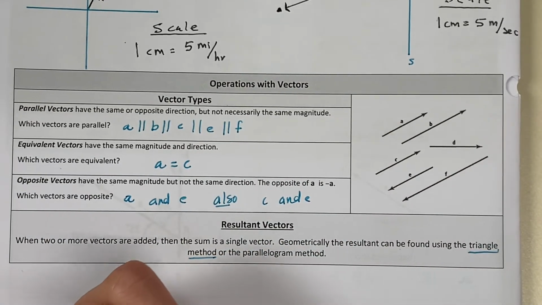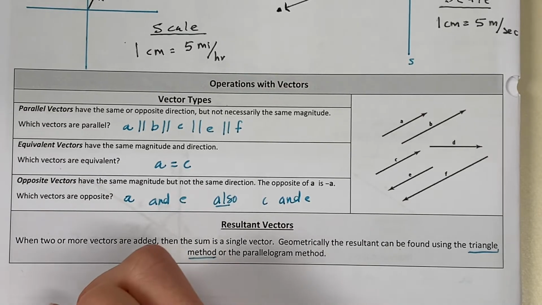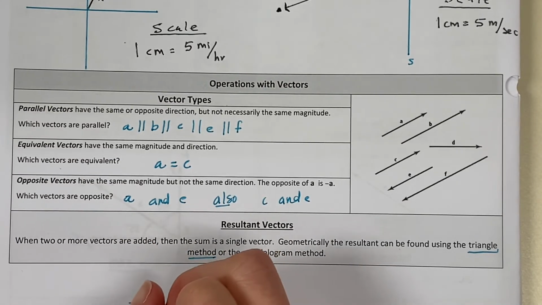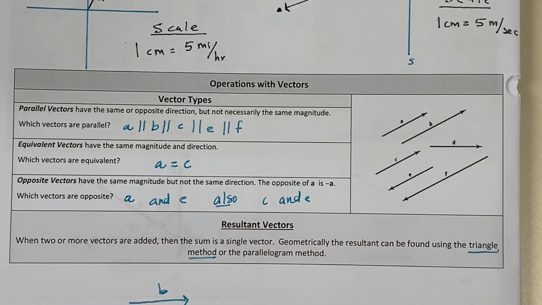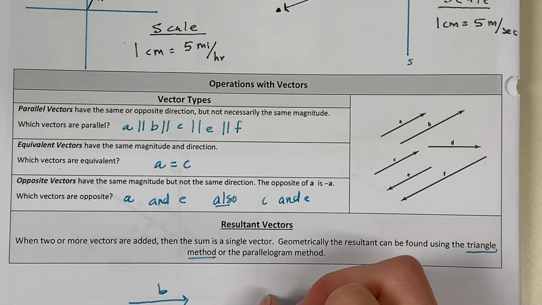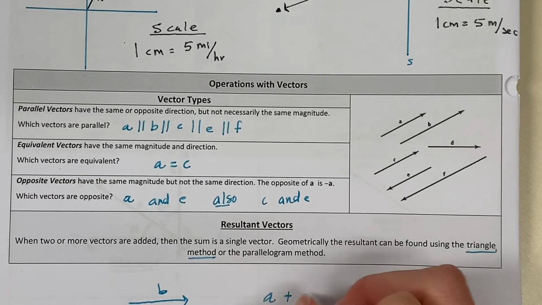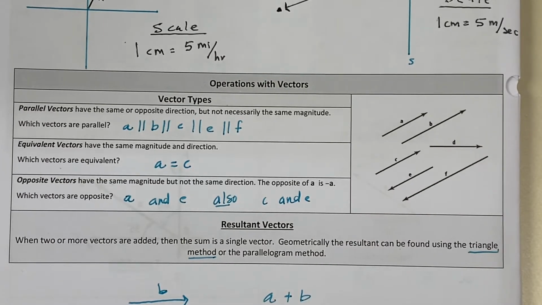So say, for example, I have vector A and I have vector B. Okay, and I want to find A plus B. The triangle method is also called the tip to tail method. And what happens is we kind of just take these vectors and put them together so that they are touching.